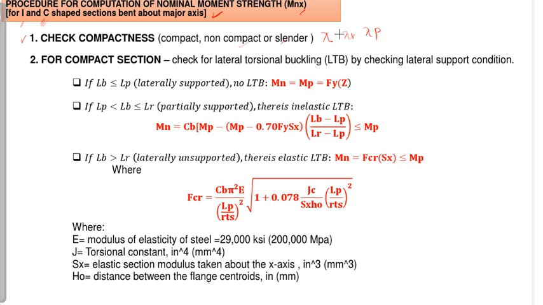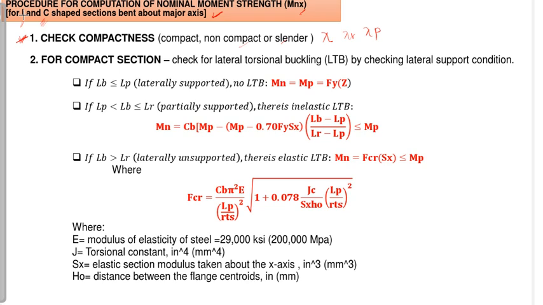So, I hope you still remember that previous topic of ours. Okay? So, in checking the compactness of elements, we will now determine the compactness of our section. Okay, so from this step, we will be getting an answer which is either compact or non-compact or slender. Diba? Tatlo yan. So, dito sa step 1 natin, either compact, non-compact, or slender ang kukunin natin.